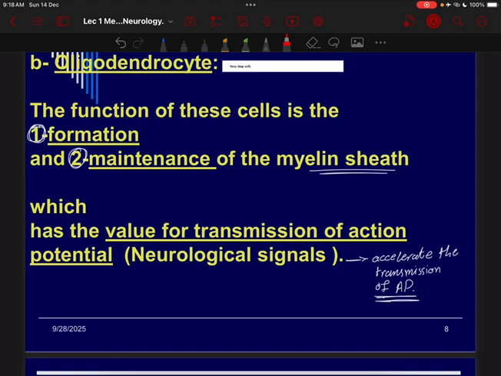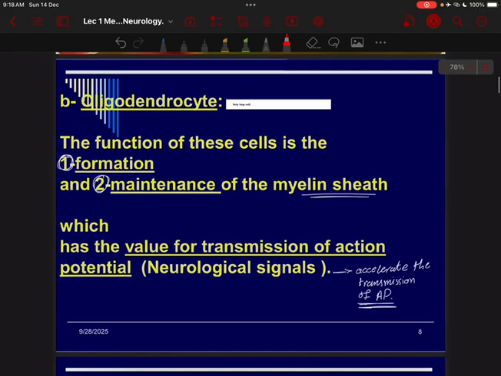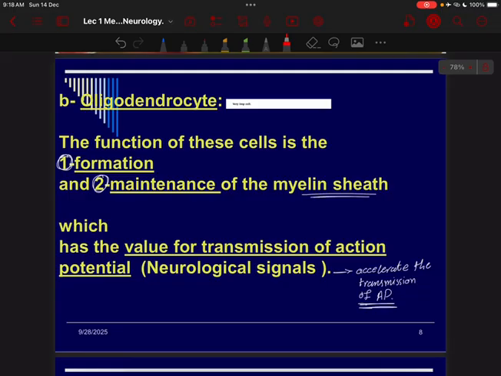That's why, for example, tomorrow we'll talk about disorders of the nervous system called demyelinating diseases, like multiple sclerosis. In this group of disorders, it is an autoimmune disease which acts on the myelin sheath, leading to its destruction.